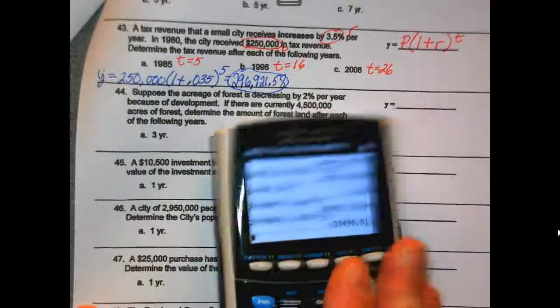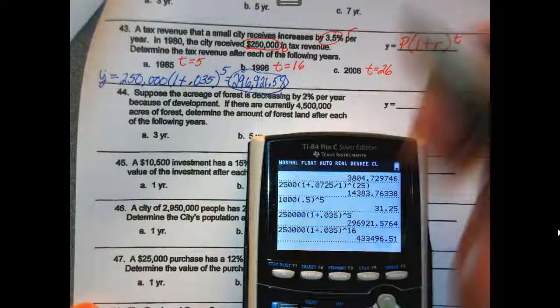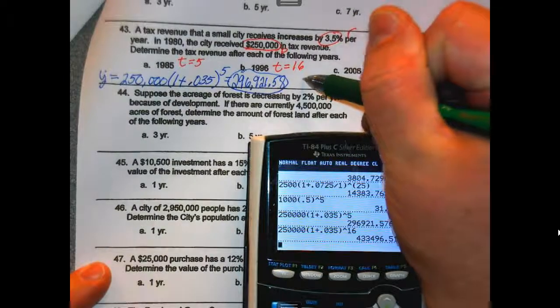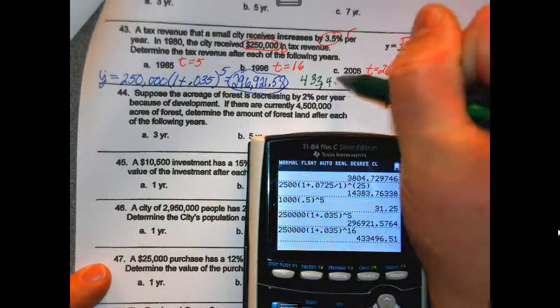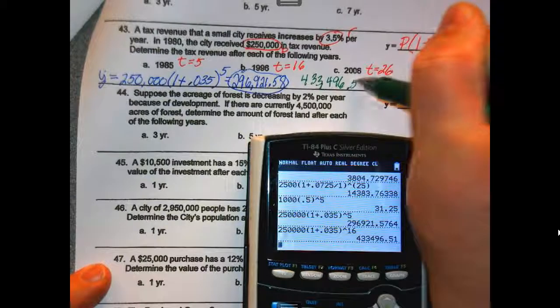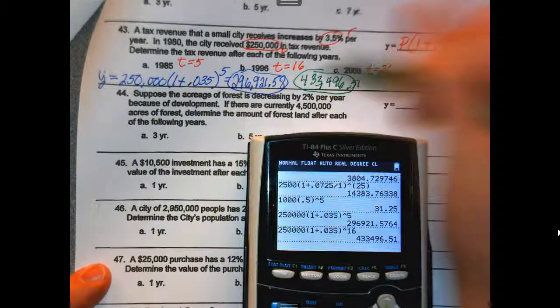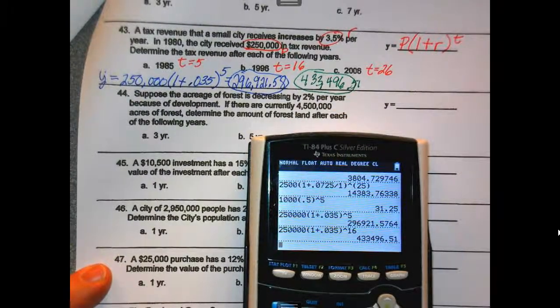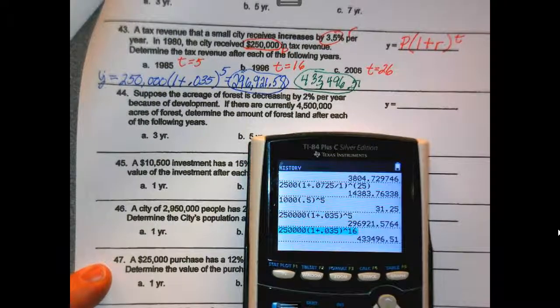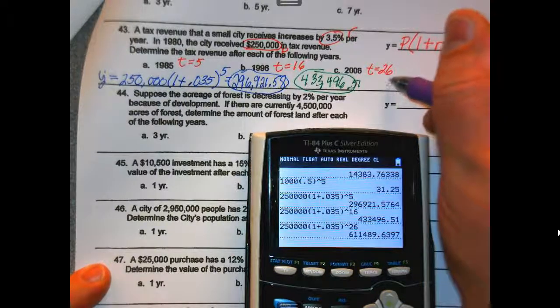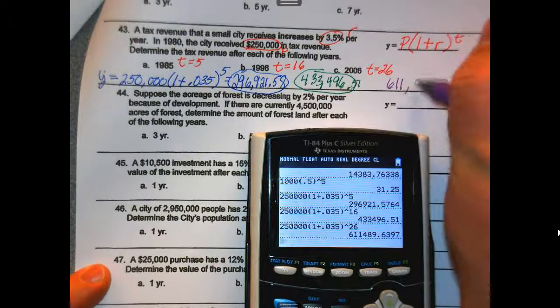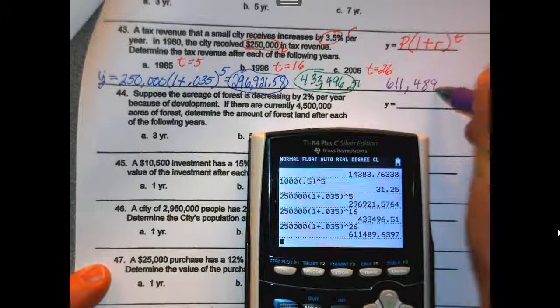Does your calculator do that? It'll save you an awful lot of time. And then the last one, my T is 26. So I'm going to go up here, copy it again. Instead of 16, I'm going to put 26. And I get 611,489.64.